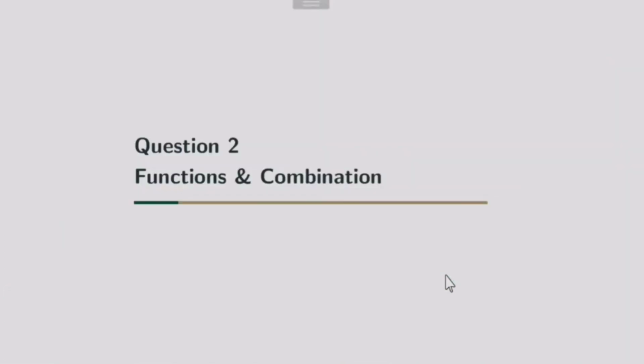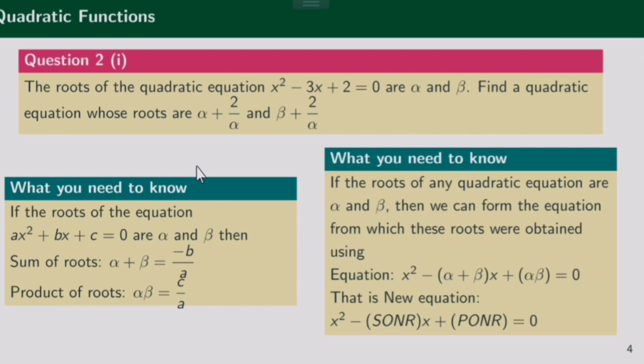Now, the next part of the question, question 2, was on functions and combinations. So let us go to the first part, which is functions, question 2. The roots of the quadratic equation x squared minus 3x plus 2 equals 0 are alpha and beta.